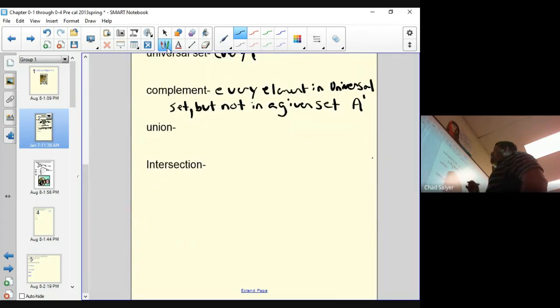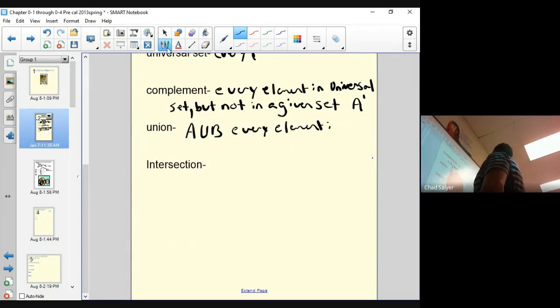So the union of two sets is written like this. Got that U, A union B. This means every element in A or B. And that or is the key word here.